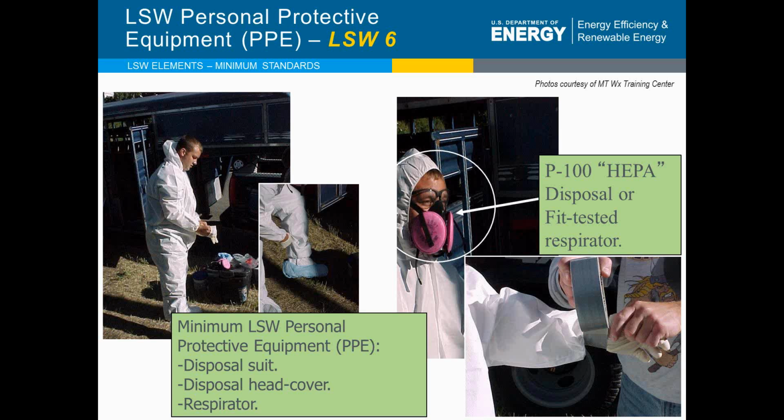Now this is where we get into some of the requirements of OSHA that we have to protect our workers. So RRP says the minimum that we need is a P100 or an N100 disposable respirator, and then a disposable suit that protects our street clothes.